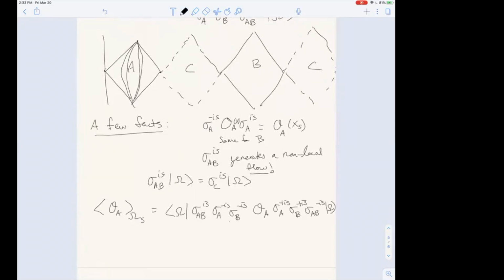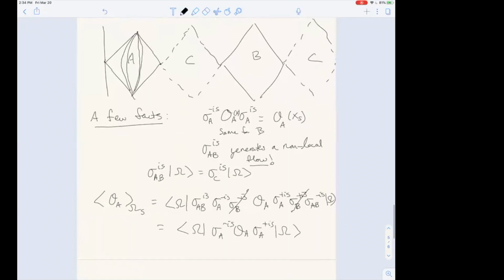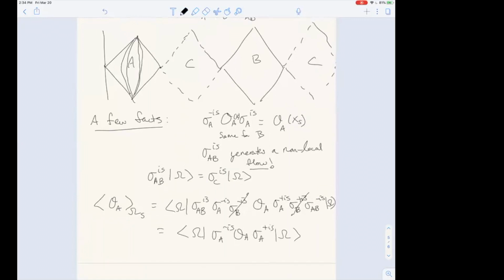Now these commute with sigma_A and O_A, so they come through and kill each other. And now sigma_AB on either side, I can swap them for sigma_C's, which also commute with everything, and so they also disappear. So all I get is just sigma_A^{-is} O_A sigma_A^{is}. Okay? So expectation values of operators in A just get boosted.